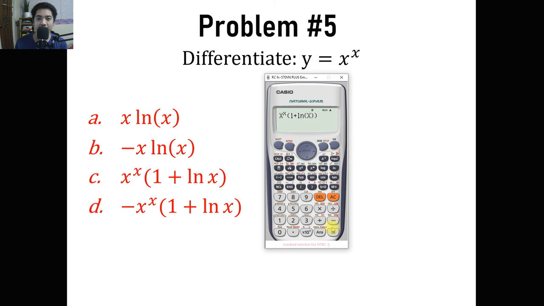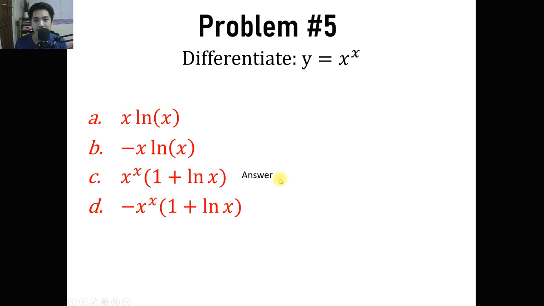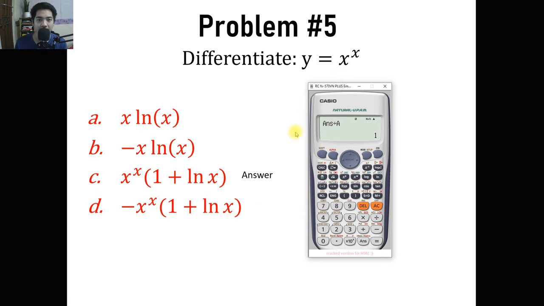Okay? So calculate it, 0.1. So we have answer divided by the alpha A. That is equal to 1. So definitely that is the answer. And we will not be calculating letter D because it already equals 1. Okay? So this is the answer, letter C for this problem number 5. Okay? I hope this is clear to us.